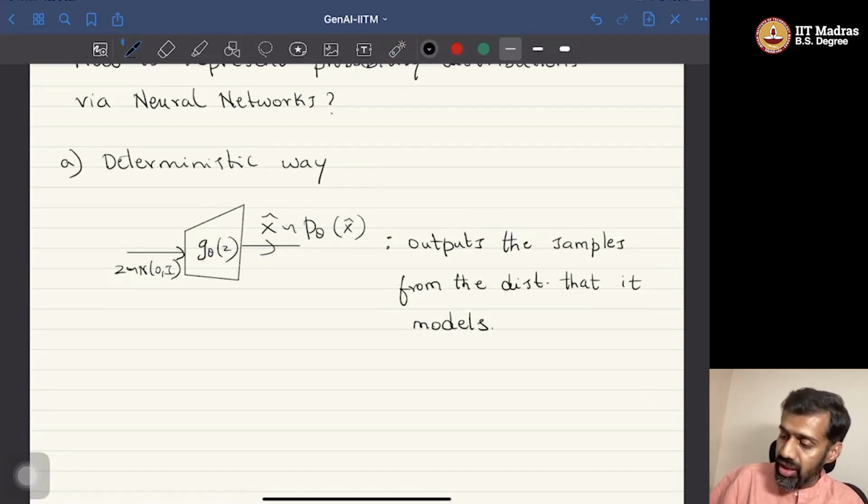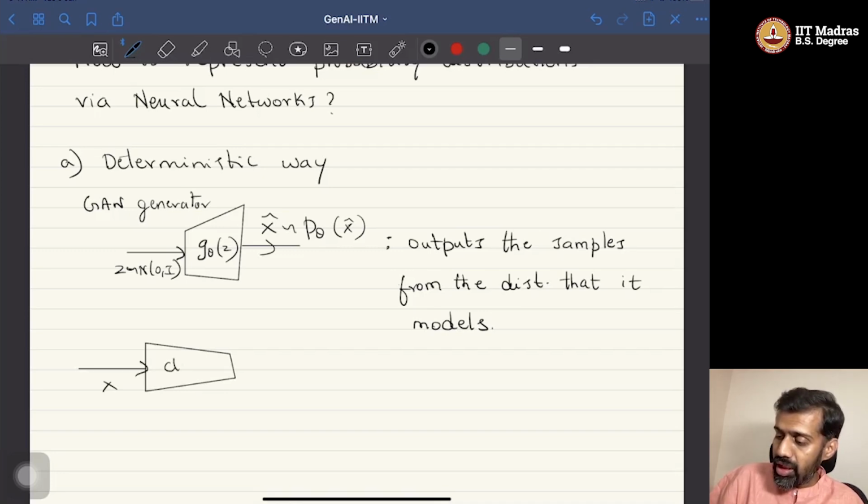This is the generator of a GAN, and if you look at any classifier, one can think of a classifier network that will take x as an input sample and give you a sample y given x from the distribution p of y given x.